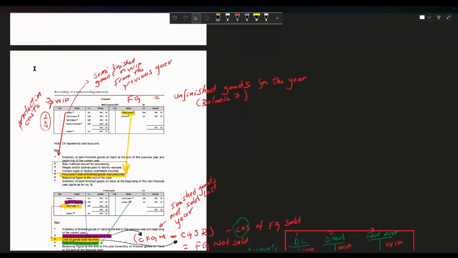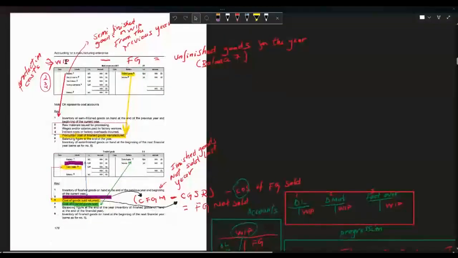So the balance here will be the unfinished goods, or the goods that were not complete, that did not become the finished goods. Okay, but on your right hand side, you will get the finished goods, right? Cool. So as you go, the natural progression will be, after the work in process, as I was saying, there will be now the finished goods.